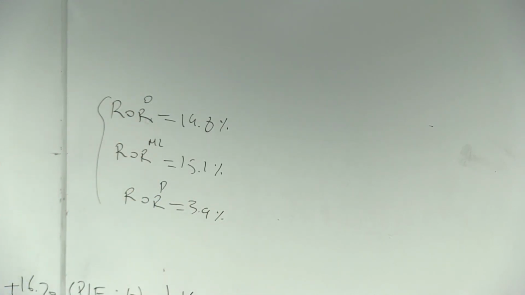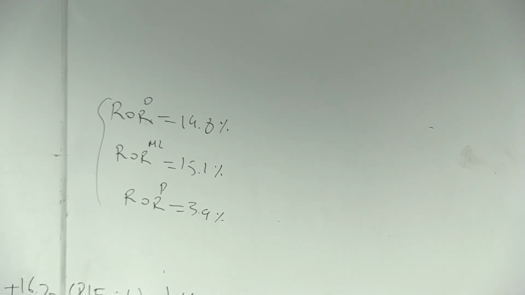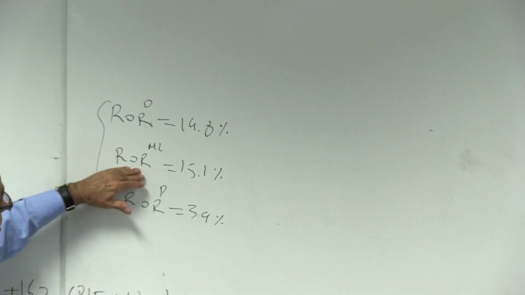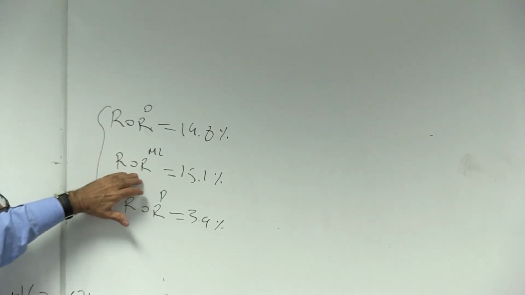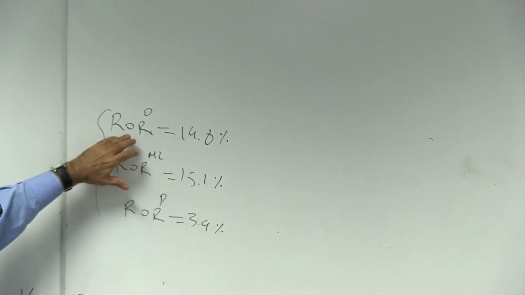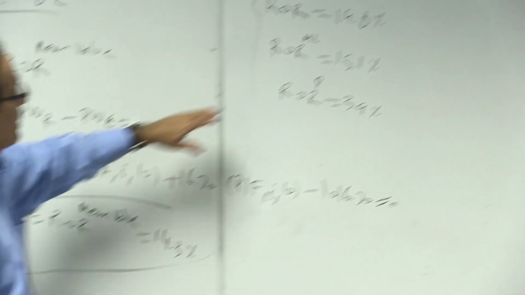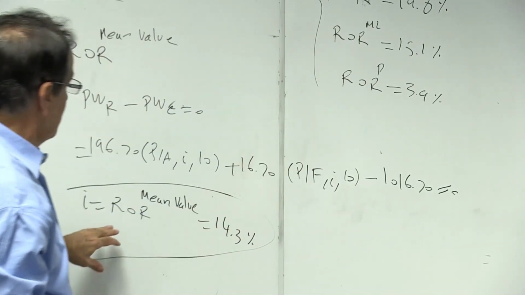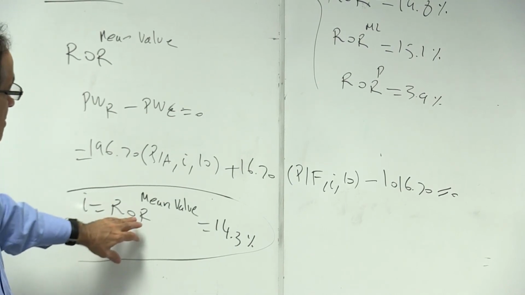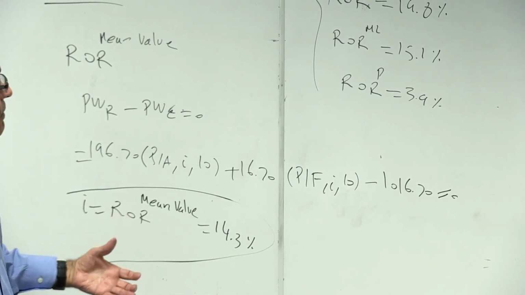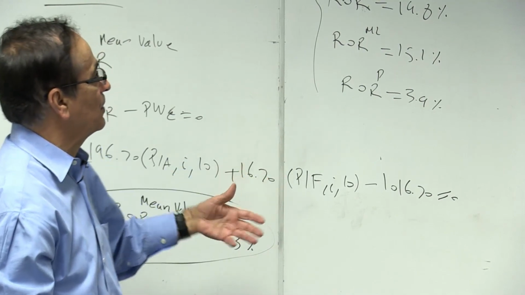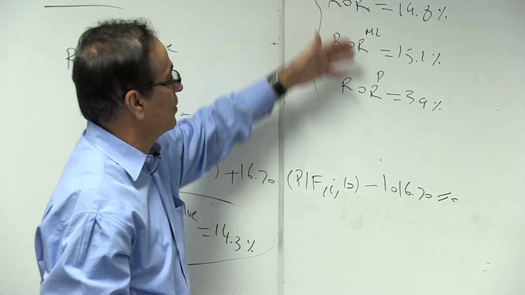If you look at this, the rate of return based on mean value is very close to most likely. So it's a good idea to use this one because you're not overestimating or underestimating your rate of return. That's why the most likely is very close to the value you're going to get based on mean value. And most people use that information to make a decision rather than using the optimistic value or pessimistic value.